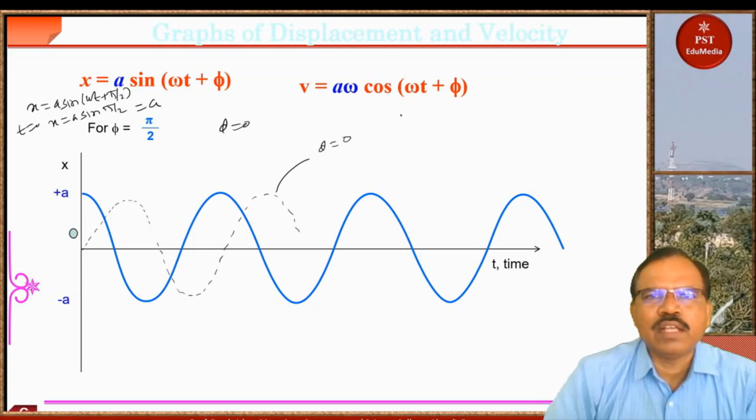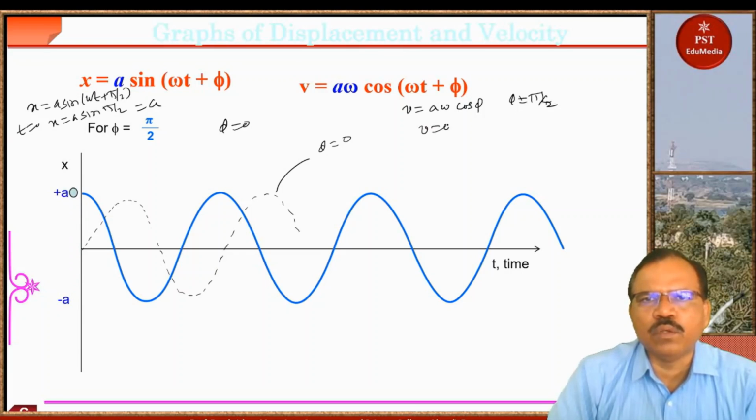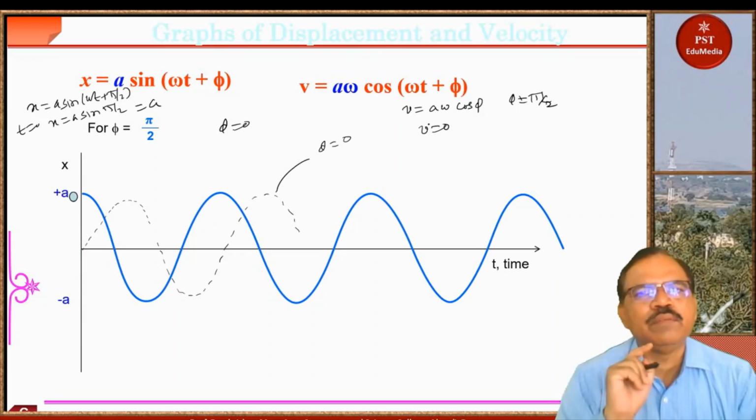Now what is the velocity? At t is equal to 0, v is equal to a omega cos phi. Now for phi is equal to pi by 2, cos phi is 0, so v is equal to 0. So the starting velocity will be 0.